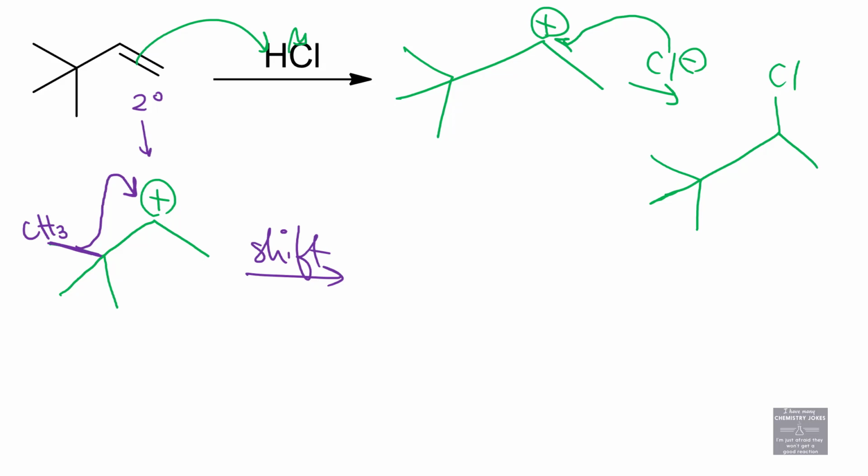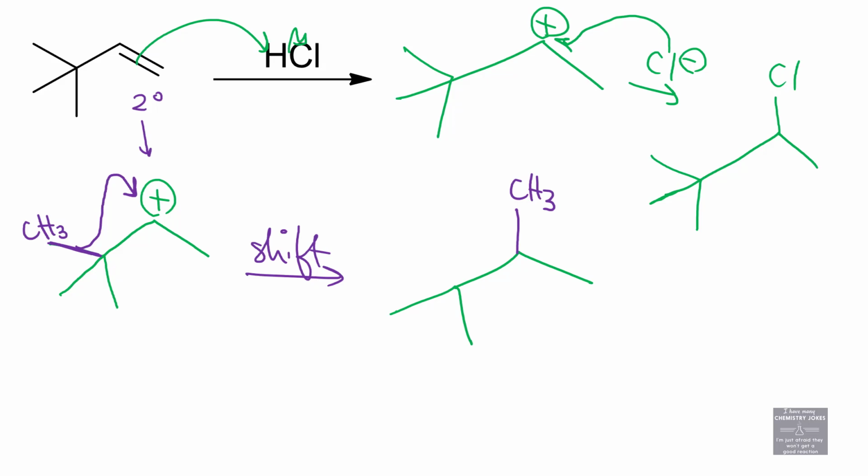Let's see if we can keep that color coded. There's the green stuff. And then my purple CH3, there's nothing special about the CH3. I'm just showing it explicitly to help you follow it a little bit better. My purple CH3 hopped next door like that.